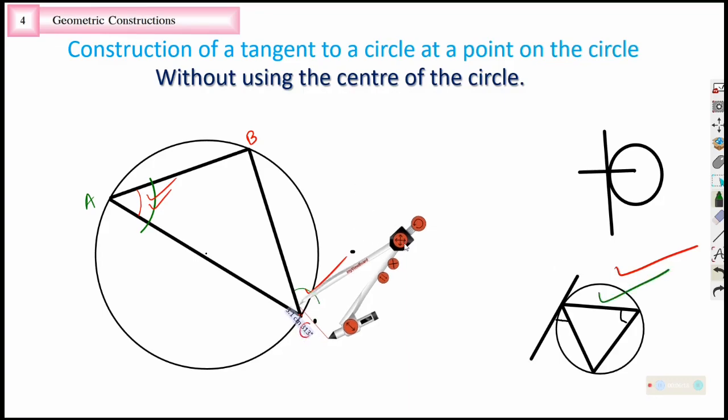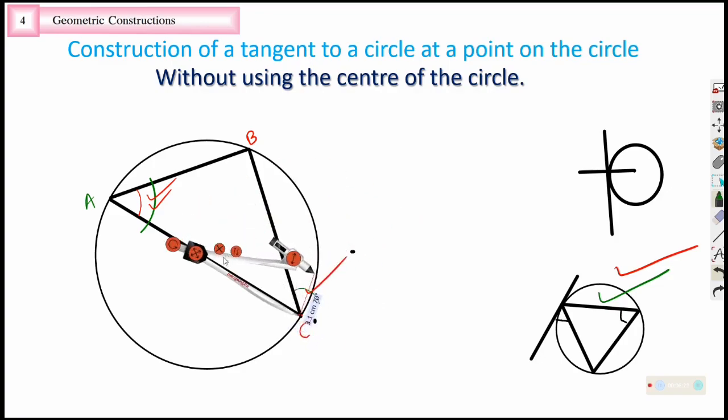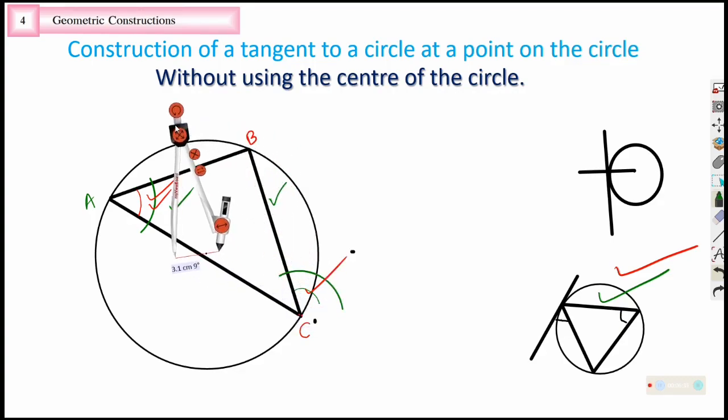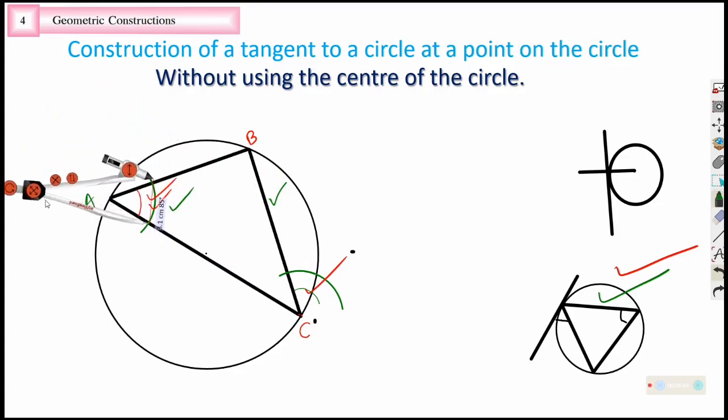So I will do one thing, the same compass, I have not disturbed the compass, I will draw the same arc over here. This one, and the tangent will have an angle equal to this. So I got this. Then I will copy the expansion as usual. This expansion is copied.